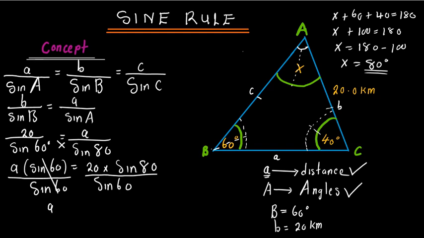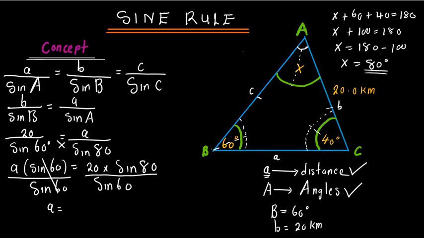So we are going to have A equal to, let's do some simple calculations there, 20 multiplied by sine 80, which is 19.6, divided by sine 60.